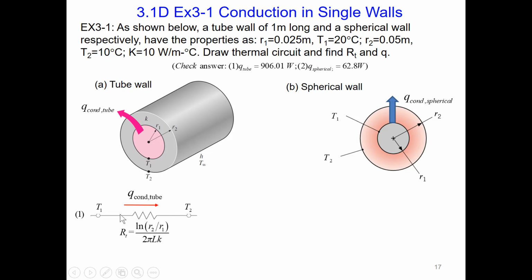And then it is labeled with the thermal resistance and its calculation equation, and the heat rate with the arrow to represent the direction.